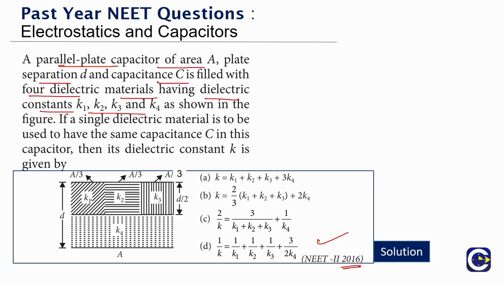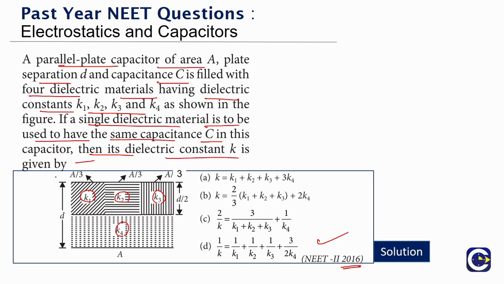We can see here, this is K1, this is K2, this is K3, this is K4. If a single dielectric material is to be used to have the same capacitance C, then its dielectric constant K is given by, means what they're asking us to tell is the equivalent dielectric constant.